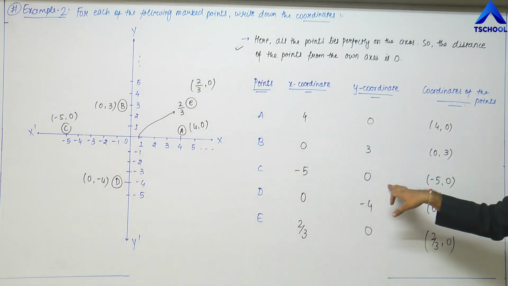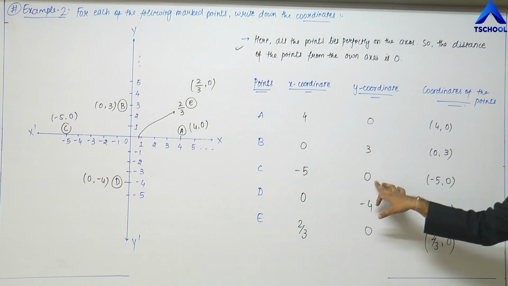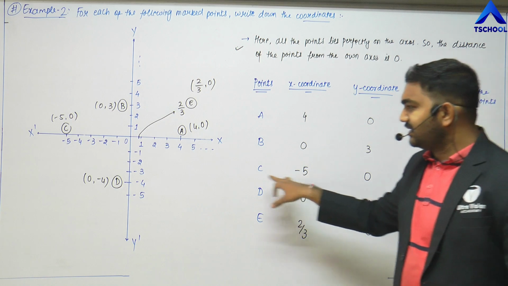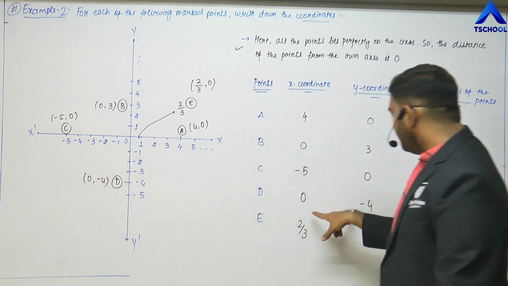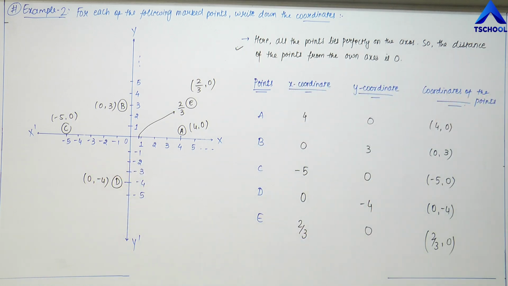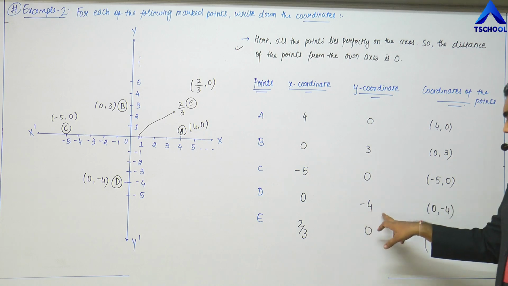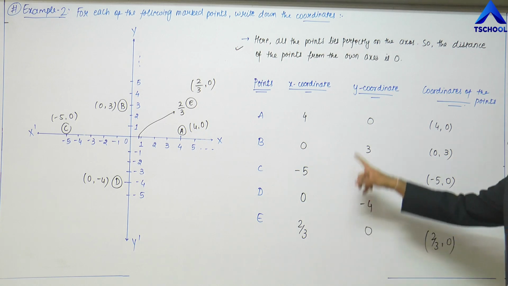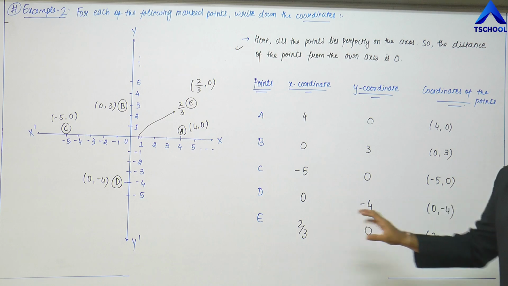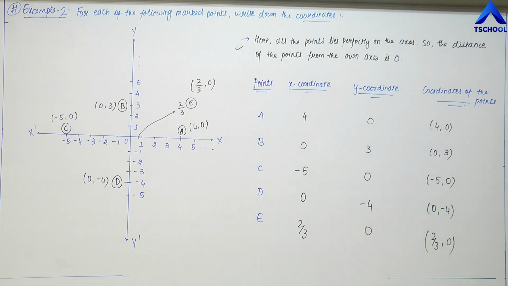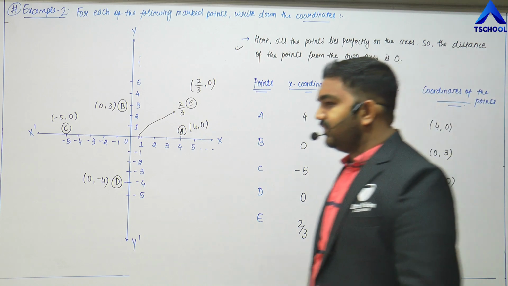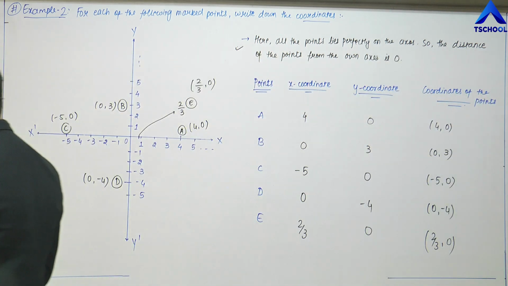If a point is lying on the negative x-axis, it will have its y coordinate 0 and x coordinate negative. If a point is lying on the negative y-axis, then it will be the same as the second one, x coordinate 0, but the y coordinate will be negative. And the fifth one, that is 2/3 comma 0.